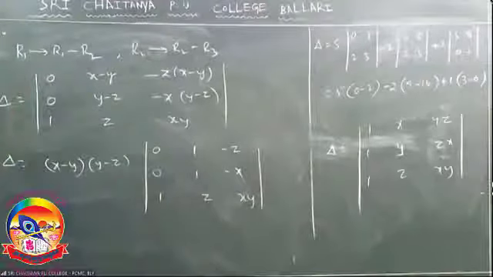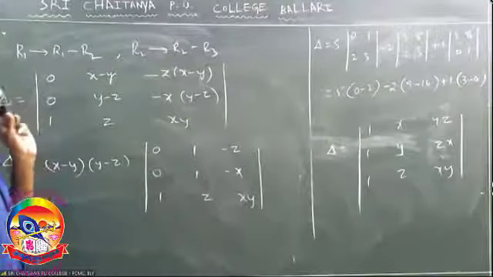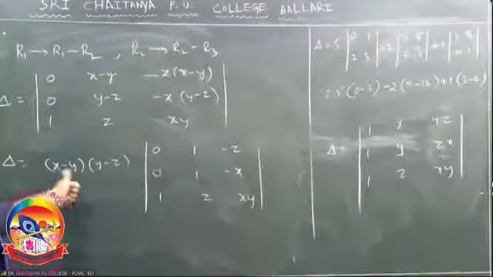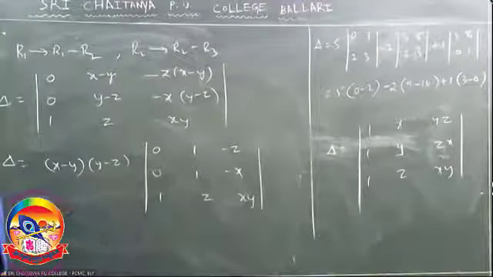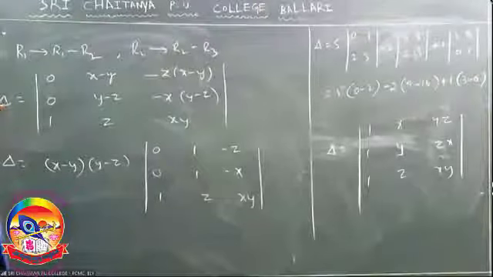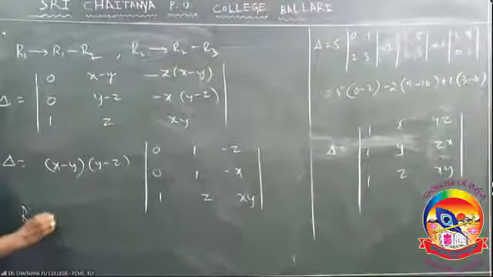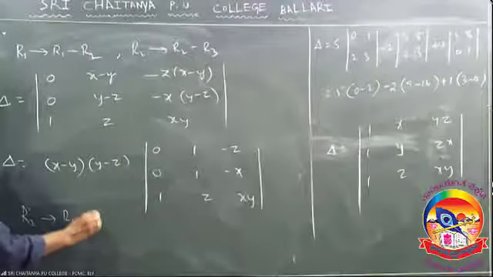Now, R2 changes to, I should get, observe, I should get x minus y you got, y minus z you got, and I should get z minus x. Okay. How am I going to get z minus x? Observe, R2 changes to R2 minus R1.